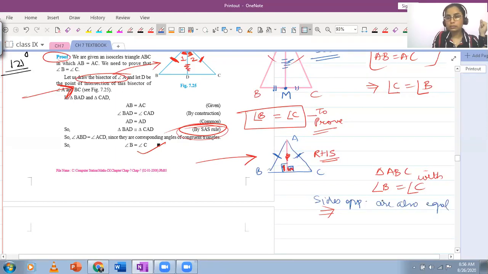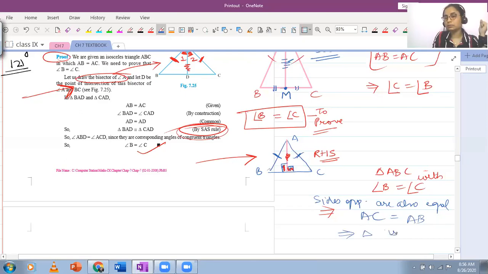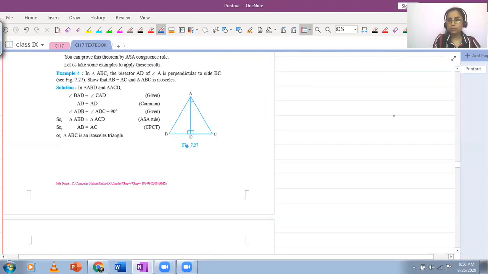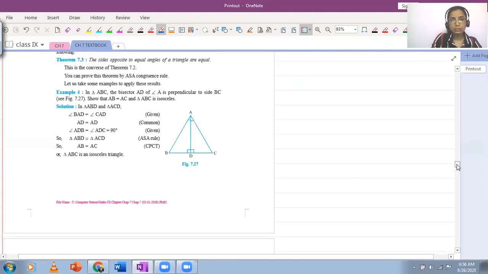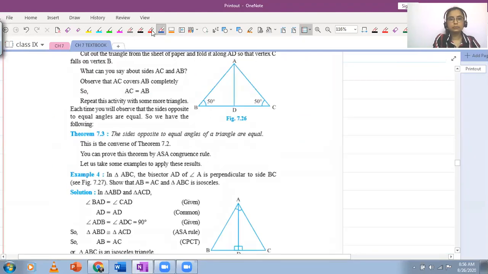The side opposite to angle C will be AB, and the side opposite to angle B will be AC. This actually makes the triangle isosceles. This is the converse of theorem 7.2, and this is what's stated in theorem 7.3 here on this page, although we don't have the proof for this one in the syllabus. So you can just mark that this result has to be remembered.